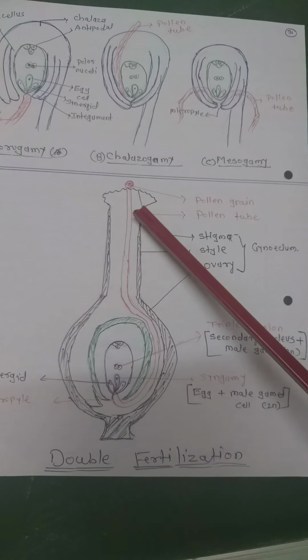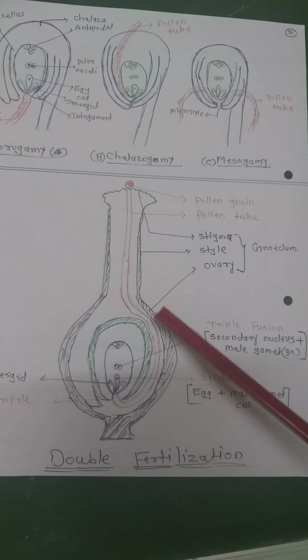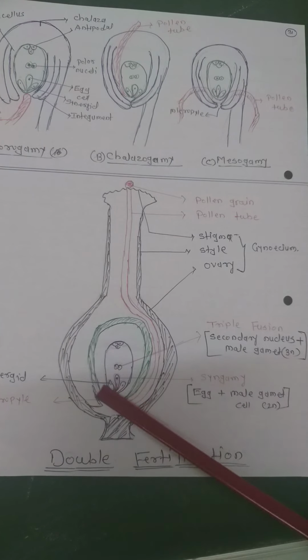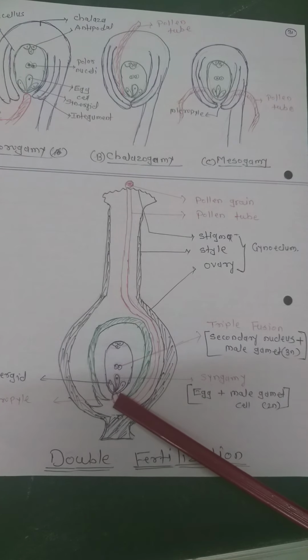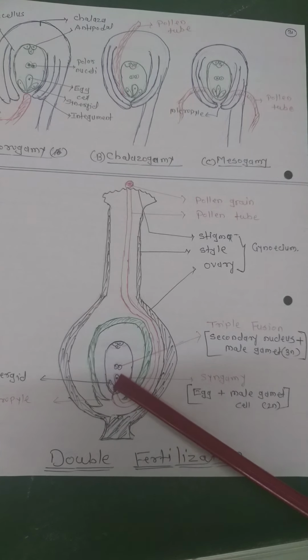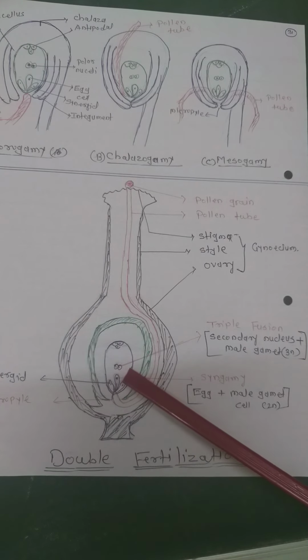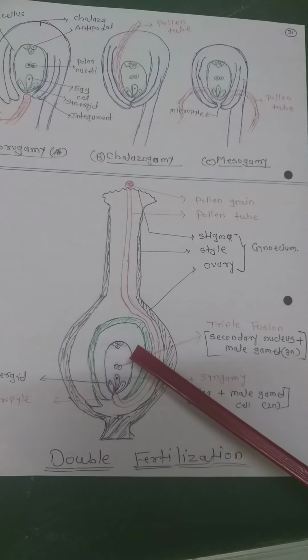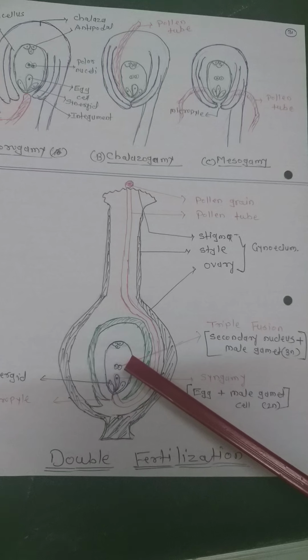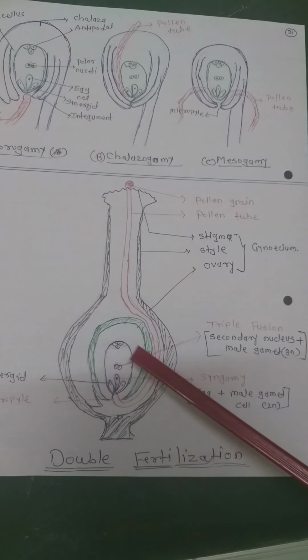The pollen tube passes through the nucellus and touches the embryo sac. Meanwhile, the tube nucleus degenerates. The pollen tube absorbs moisture from the synergids, swells and bursts open, releasing two non-motile male gametes in the embryo sac.